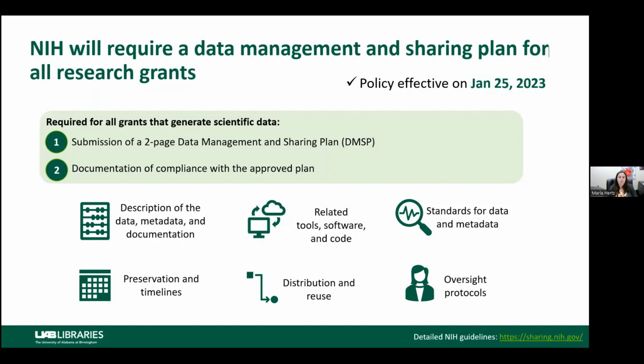So that 2-page plan has 6 different sections in it: description of data, tools and software, data standards, how data will be preserved and when, concerns around distribution and reuse, really safety and security, and then who's going to oversee the management plan.